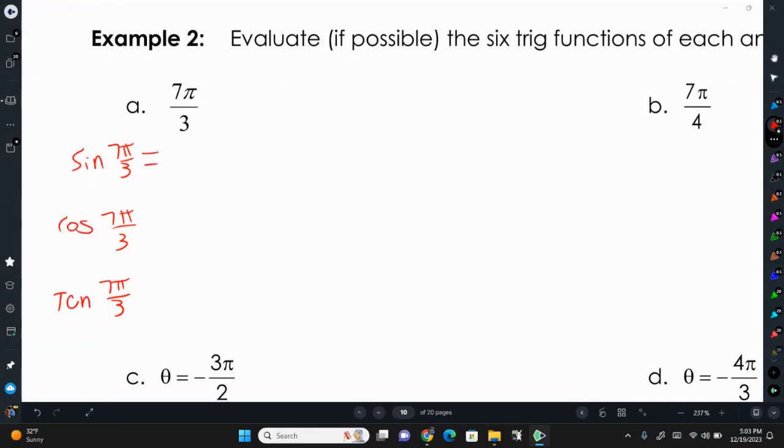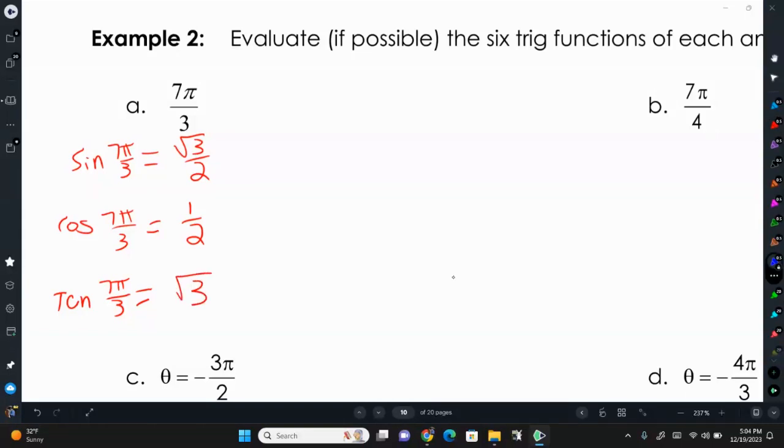In the pi over 3 family, the sine is square root of 3 over 2. The cosine is 1/2, and the tangent is just the square root of 3.